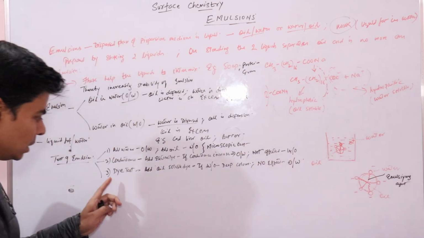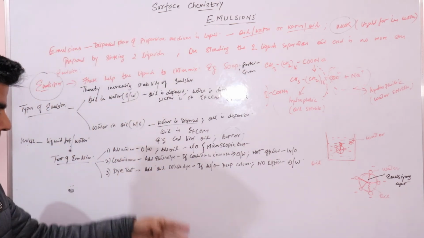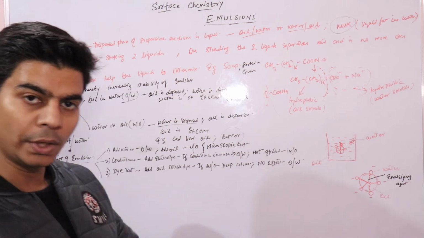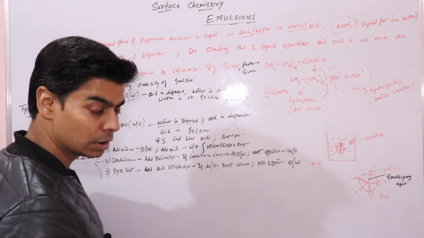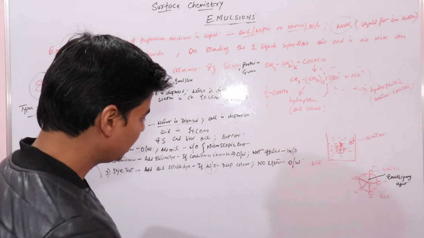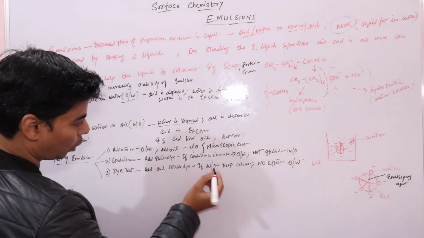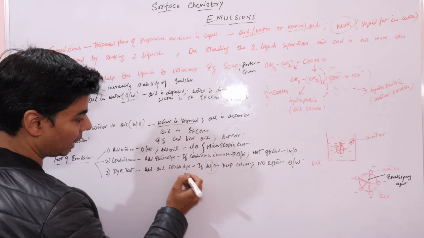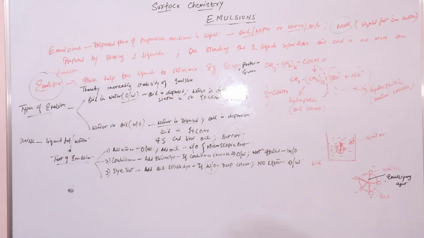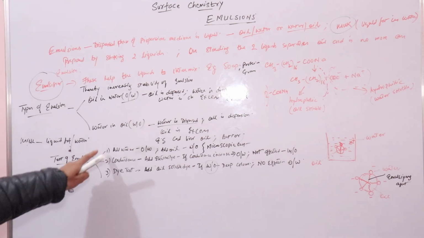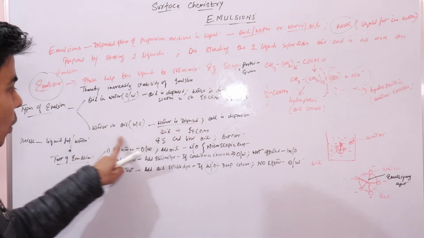Whereas the dye is soluble in oil, so in the emulsion where water is dispersed in oil, oil is in excess, so this dye will interact with oil, giving you a deep color, right? So these are three tests for emulsion, to test whether the emulsion is oil in water or water in oil.